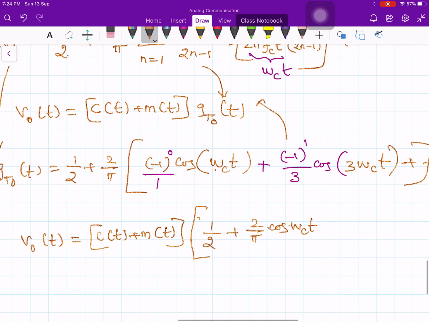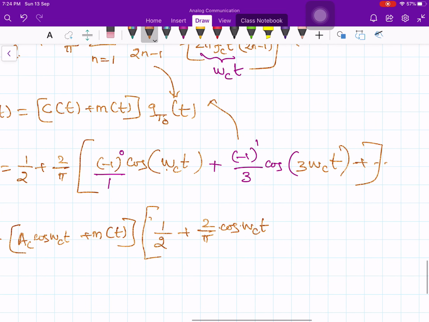Before that, what is c(t)? c(t) is A_C cos of omega_c t. Then minus 2 by 3 pi cos 3 omega_c t plus and so on and so forth.